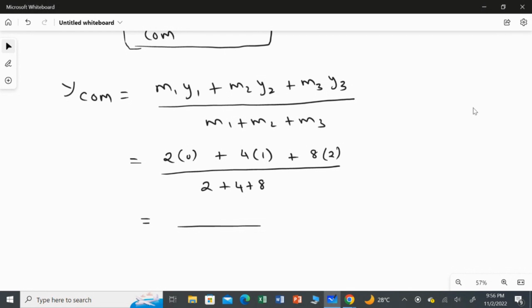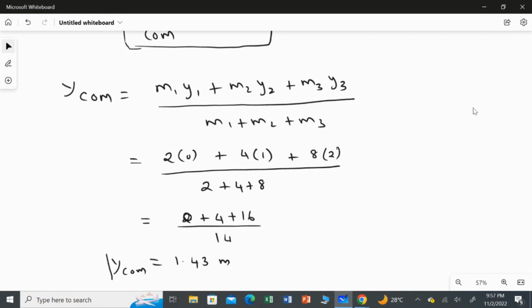So the answer is 1.43 meter. So the y center of mass value is 1.43.